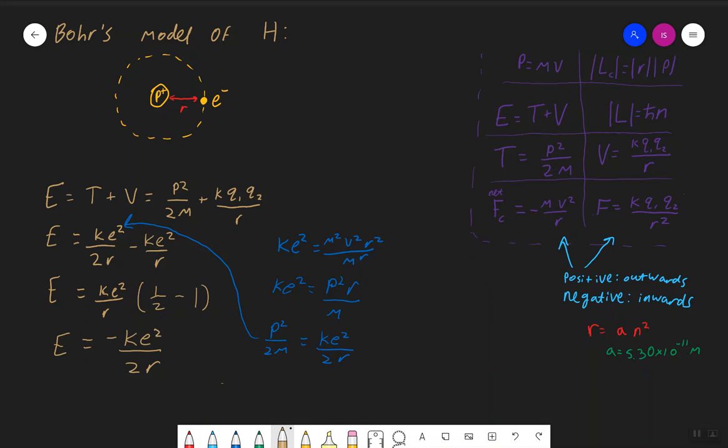But now we know that R is a n squared. So let's plug that in here. E equals negative Ke squared over 2a n squared. Okay, and now we'll write this like this.